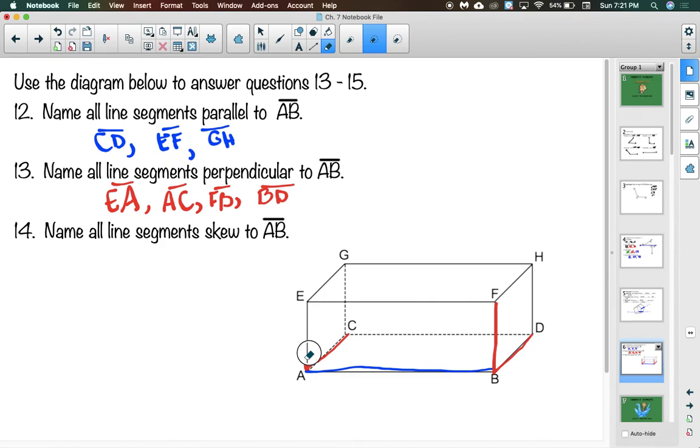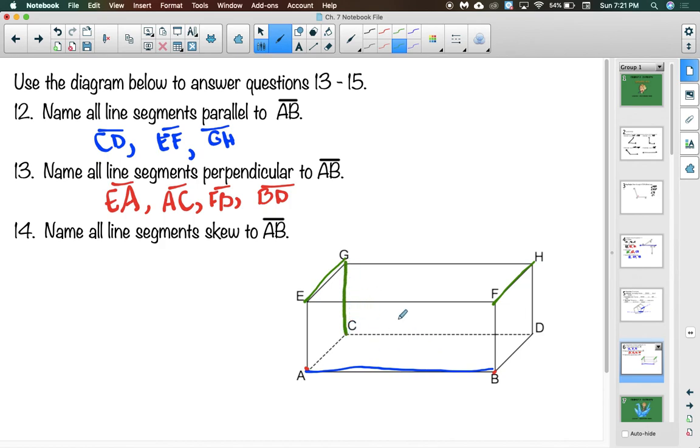Okay, last but not least, we're going to talk about skew. So skew, we can't have them parallel, we can't have them perpendicular. They have to be traveling in different directions, but in this 3rd dimension, they're never going to intersect, they're not parallel. So we'll do these in green. So we're talking about line segments like EG and HF. So they're never going to intersect, but they're also not parallel.